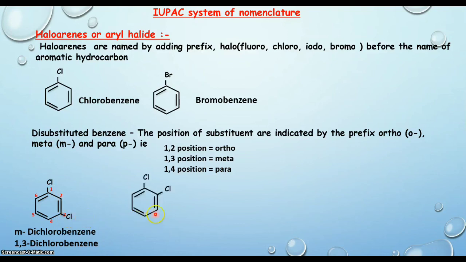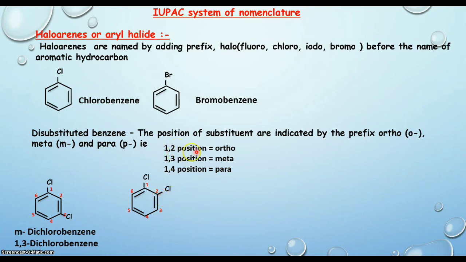The next example is here. In this structure also two chlorine atoms are present, but the position of chlorine atom is different than the first example. Here one chlorine atom is bonded to the first position of the benzene and another chlorine atom is bonded to the second position of the benzene ring.